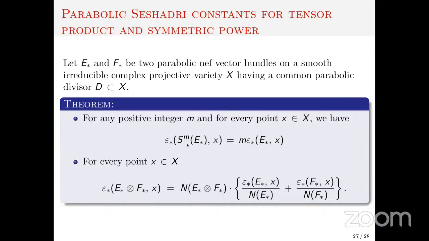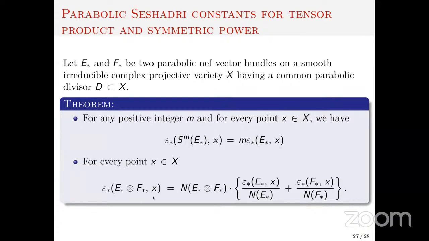So if you consider the orbifold bundle E prime of E star, and if you take the mth symmetric power of the orbifold bundle E prime, and if you get back to the corresponding parabolic bundle, I call it S^m of E star. So the parabolic Seshadri constant of the mth symmetric power of E star is equal to m times the parabolic Seshadri constant of the parabolic bundle E star.